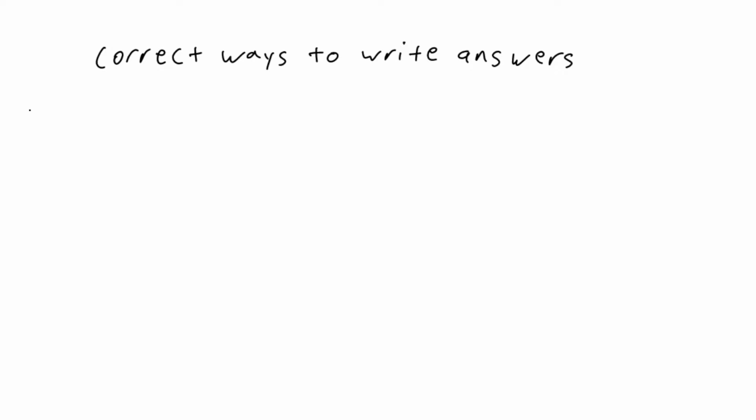So let's start off saying the answer we got was 6 over 10. It's not a correct way to write an answer because it's not fully reduced. If we write it as a fraction, we want a fully reduced fraction.